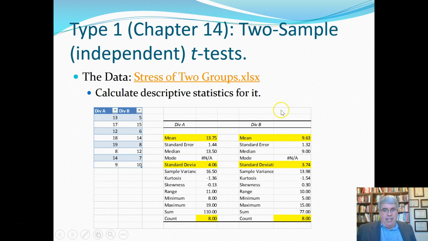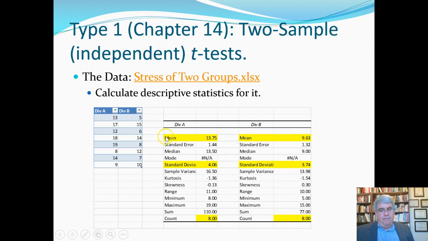Now, here we've got the sample. I'm going to make it bigger so that we can see this. We have a data set here, and in the next video, we'll actually run this, but this gives you an overview. We have the stress data from the two divisions, the sample in the two columns here, and we're going to calculate the descriptive statistics for it.